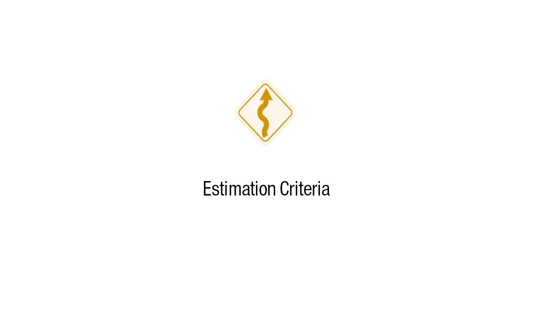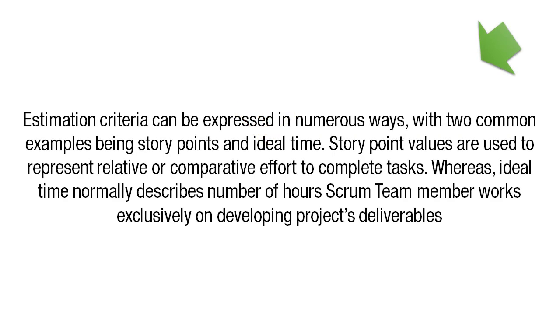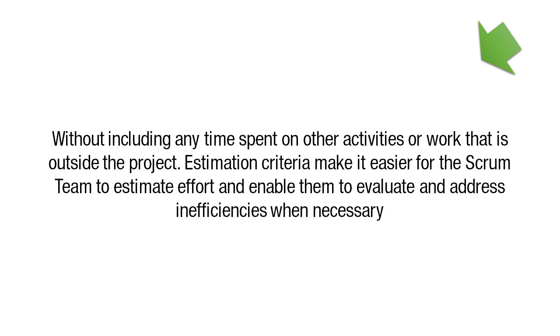Next, estimation criteria. Estimation criteria can be expressed in numerous ways, with two common examples being story points and ideal time. Story point values are used to represent relative or comparative effort to complete tasks, whereas ideal time normally describes the number of hours a Scrum team member works exclusively on developing the project's deliverables without including any time spent on other activities or work that is outside the project.